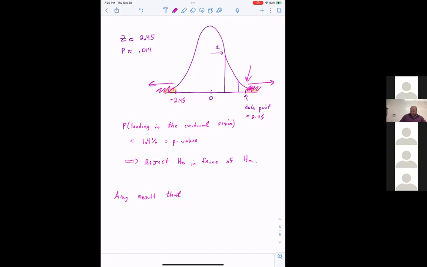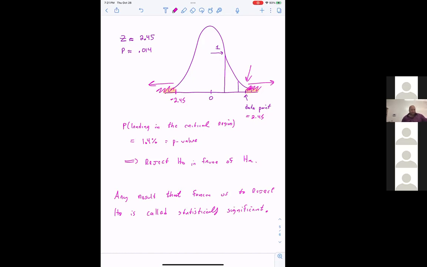Any result that forces us to reject H naught is called statistically significant. A statistically significant result is one so far away from what we expect that we really have to question whether it would have happened by chance.